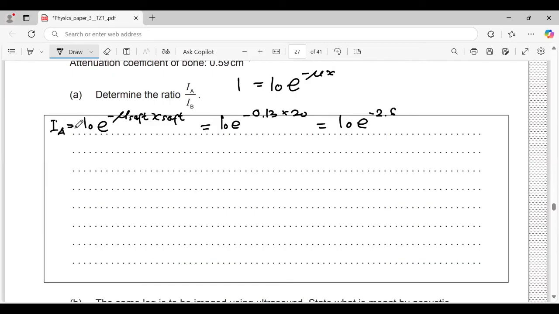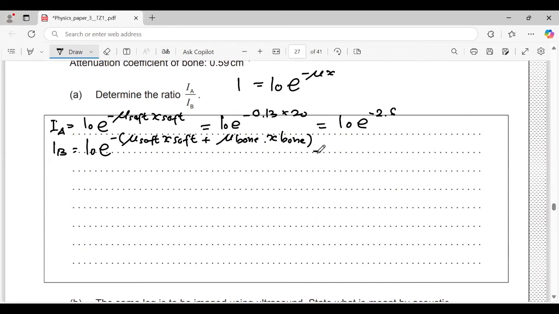Next, for ray B, passing through 11 centimeters of soft tissue and 9 centimeters of bone. So IB equals I0 e power minus mu soft times x soft plus mu bone times x bone.